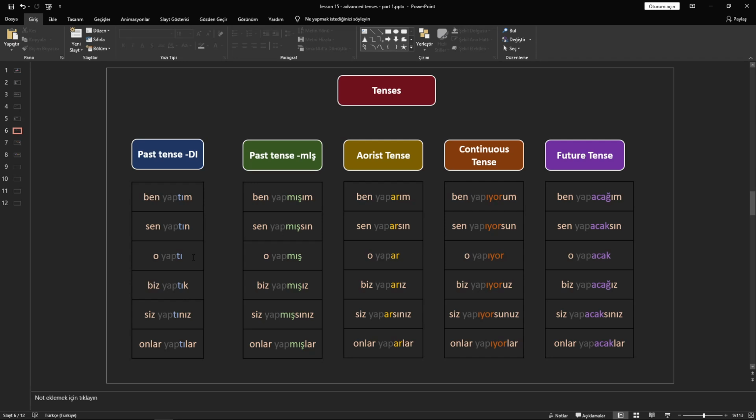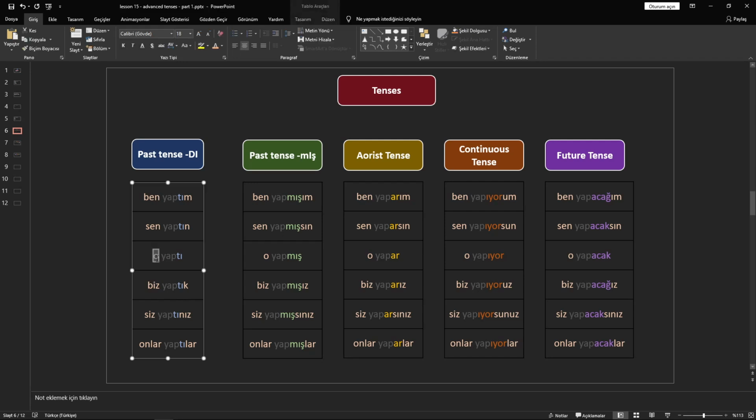That is because we don't use personal endings for o, like for he, she, it. And also, the other endings kind of look similar, like ben yapmışım, ben yaparım, ben yapıyorum, ben yapacağım.